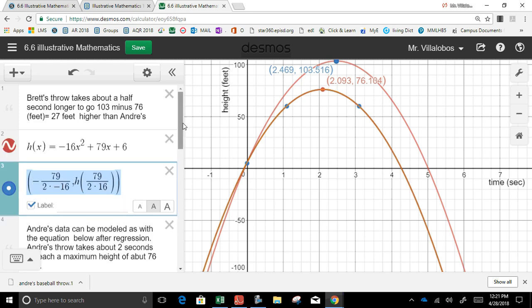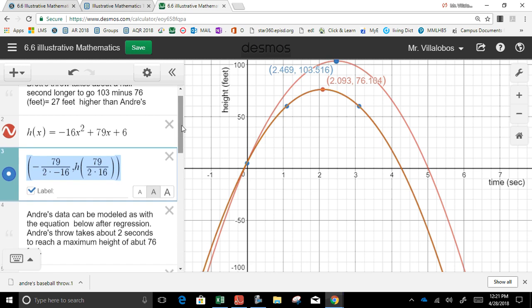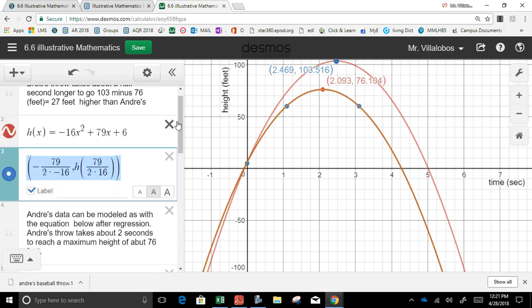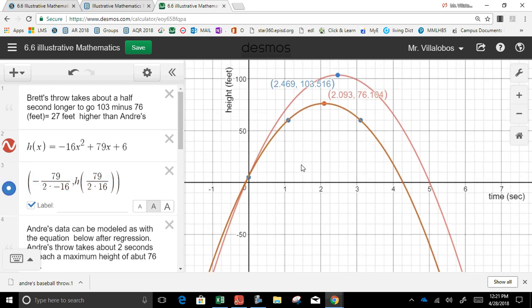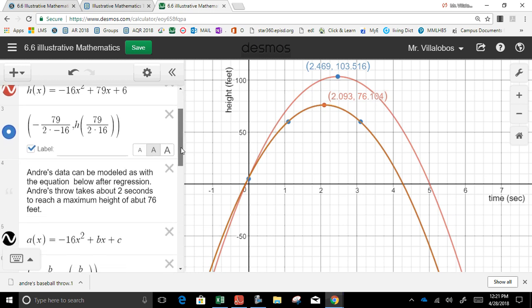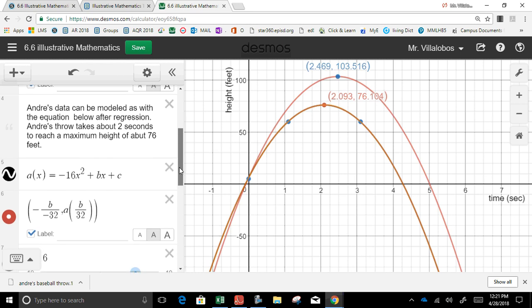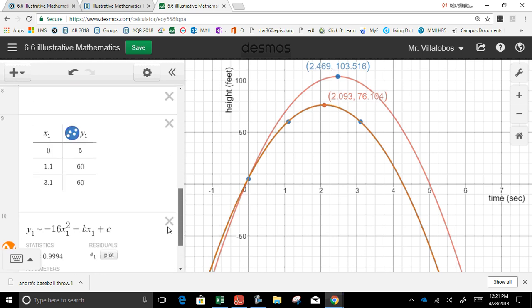And here, Brett's equation. Andre's data can be modeled like this, based on this data. I got the equation. See?